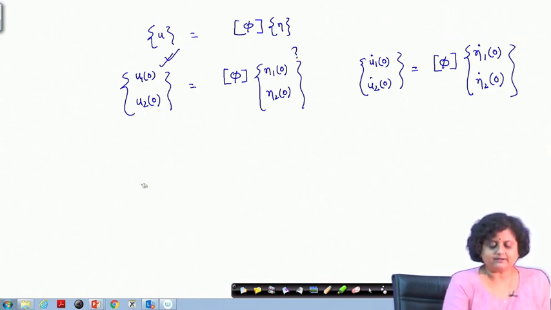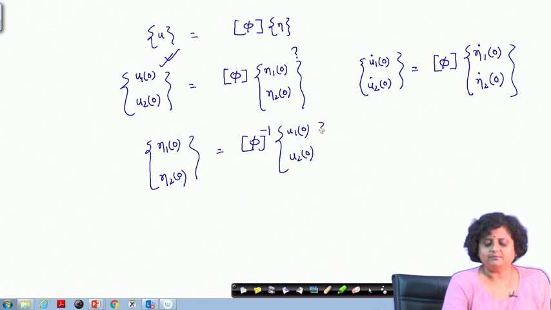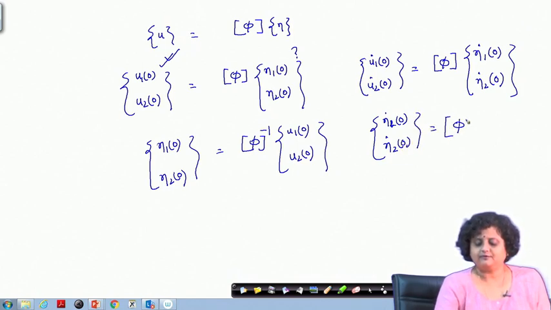So, the first thing that comes to mind is why do I not find eta1(0), eta2(0) as phi inverse into u1(0), u2(0), and similarly find the initial velocities eta1 dot (0) and eta2 dot (0) as phi inverse times the initial velocities.